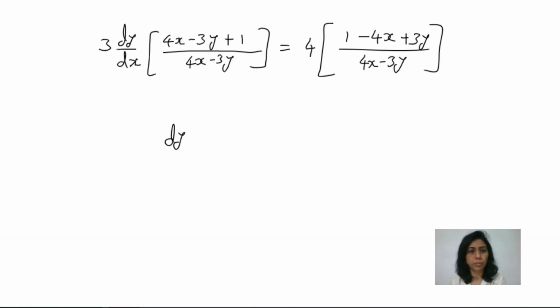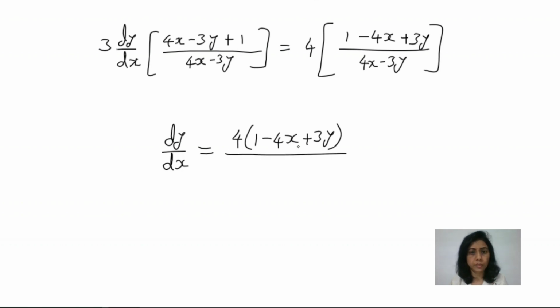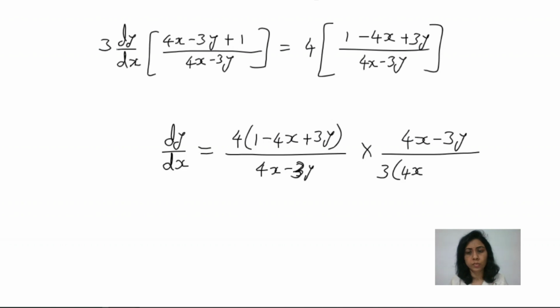So dy upon dx is equal to 4 times (1 minus 4x plus 3y) divided by this 4x minus 3y, and this is 3, and here we multiply 4x minus 3y, and 3 and 4x minus 3y plus 1 multiply, so here we divide by 4x minus 3y plus 1.